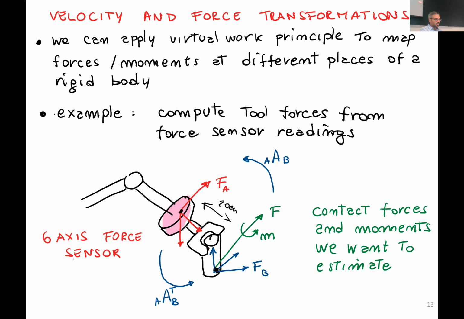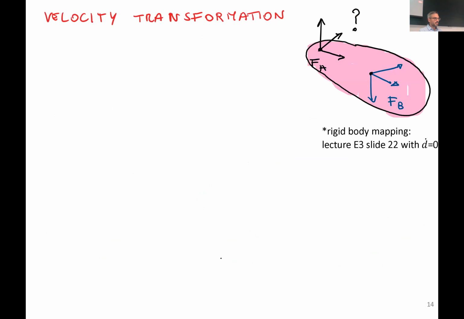And this, think about, you have a 6-axis force sensor that measures the forces. So we want to find this mapping that maps the moment and force, because they are from a 6-axis force sensor, read at the force sensor frame into moment and force at the end effector frame FB.